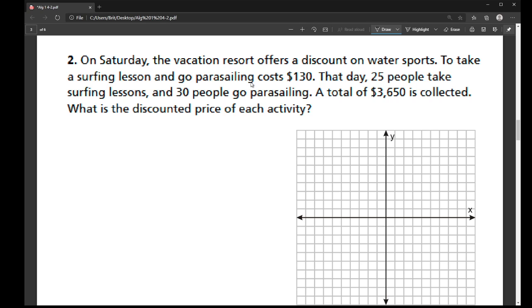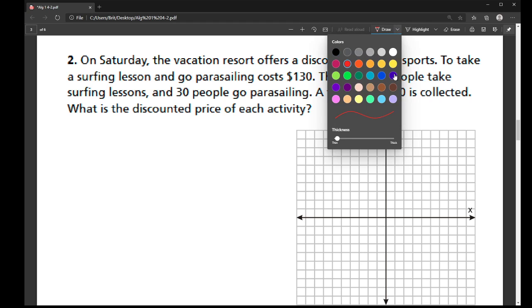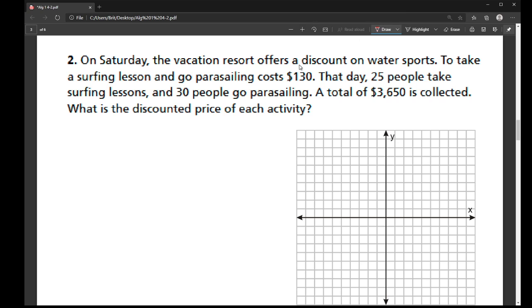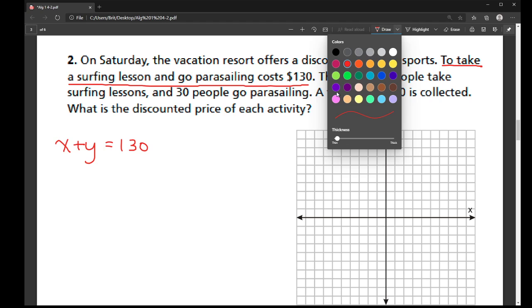So here's another problem. It says on Saturday, this vacation resort is going to offer a discount for water sports. To take a surfing lesson and to go parasailing costs $130. So remember, that's x plus y equals 130.